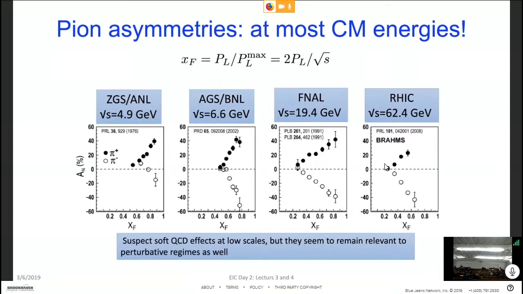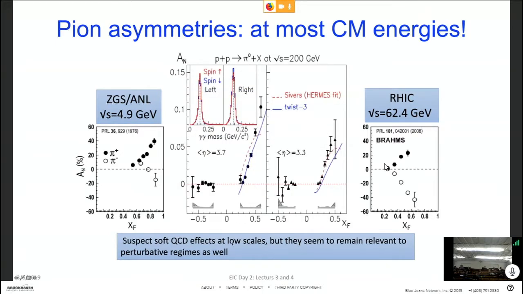So this was initially blamed, when the center of mass energy of the experiment was small, 4 GeV, on soft QCD effects that were of no great consequence to the perturbative QCD that everyone was after. But last but not the least, at RHIC we measured it even at 62 GeV, I mentioned to you, which already made it very dubious to call it a soft QCD effect.